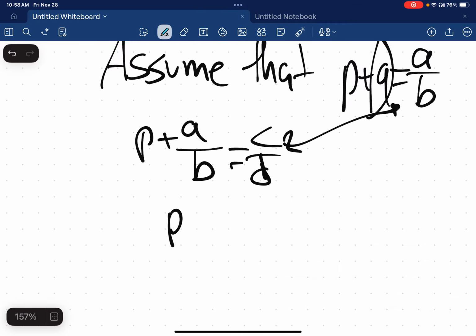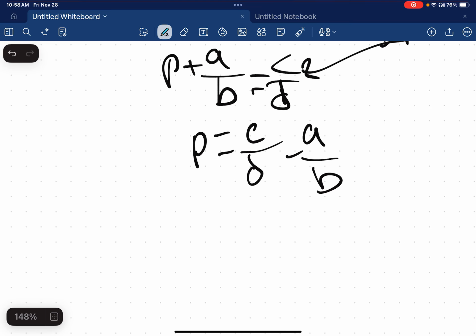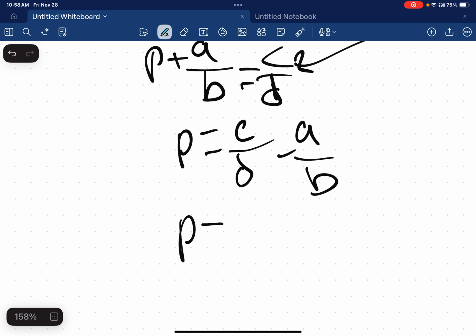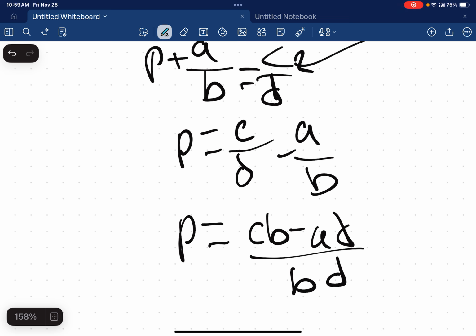This means that P is going to be equal to C divided by D minus A divided by B. Remember, A divided by B is just Q in this situation. Now we're going to do some cross multiplying. P is going to be equal to CB minus AD over BD.